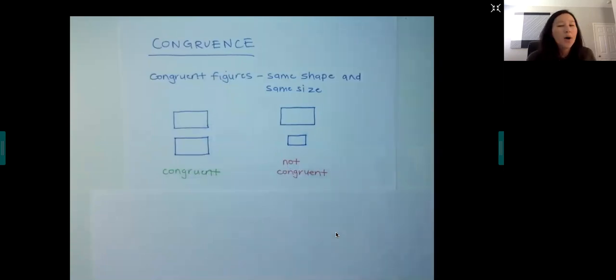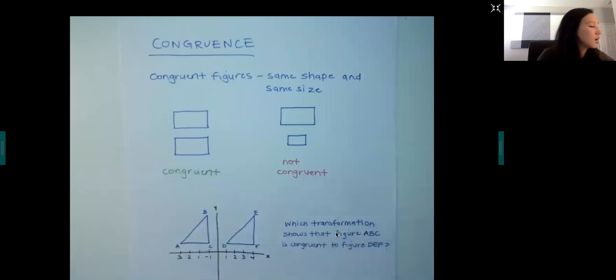And so in your workbook on congruent figures, you're going to be using the transformations that you just learned about last unit, so reflections, rotations, and translations, to determine what transformation was used to map these congruent figures and to determine if figures are congruent.